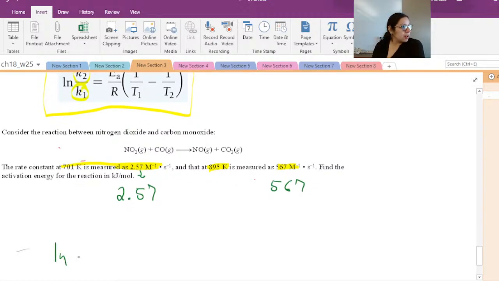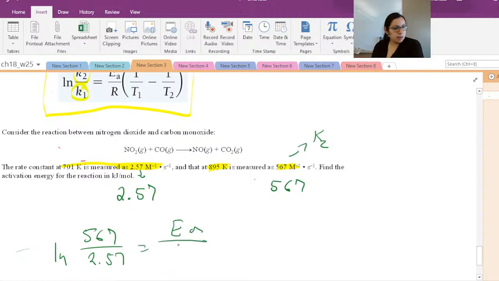Then you can just set up our natural log. I'll set this one to be our K2 conditions. It doesn't really matter who's who, the signs will work out in the end, you just don't want to flip-flop. And so then 567 over 2.57 is equal to our activation energy over 8.314, times T1 conditions minus T2.